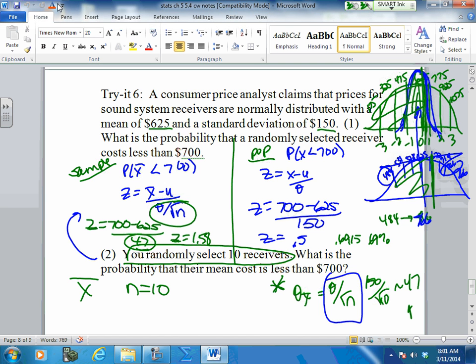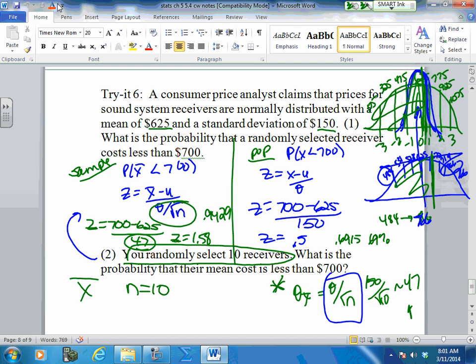So we look it up in your table, and we get 0.9429. So there's about a 94% chance that the 10 receivers that I check have a cost less than 700, out of the sample size that we took of 10 receivers.